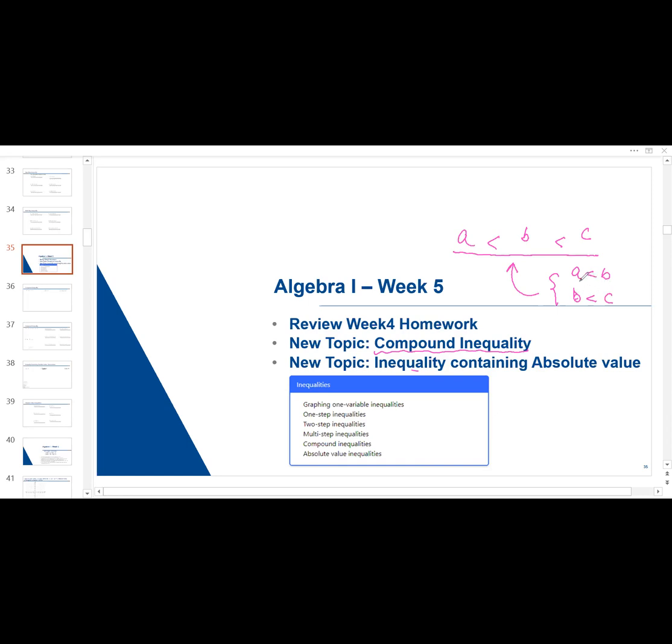They put them together: B greater than A and at the same time B less than C. They describe it together like this.